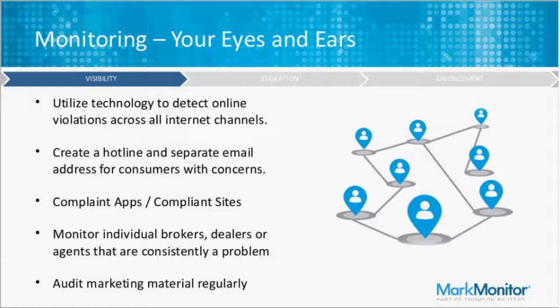This is common in other industries, because if somebody's interacting with a broker or dealer and something's fishy or they just don't feel right about it, they can call up that number and say, hey, this guy told me this, is this correct? So having some way that a consumer can report those is important, because it helps you find the folks out there that are not behaving as they should.